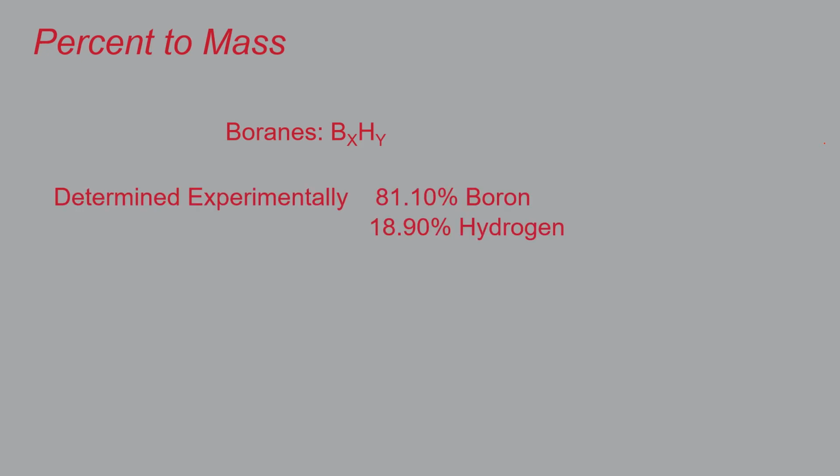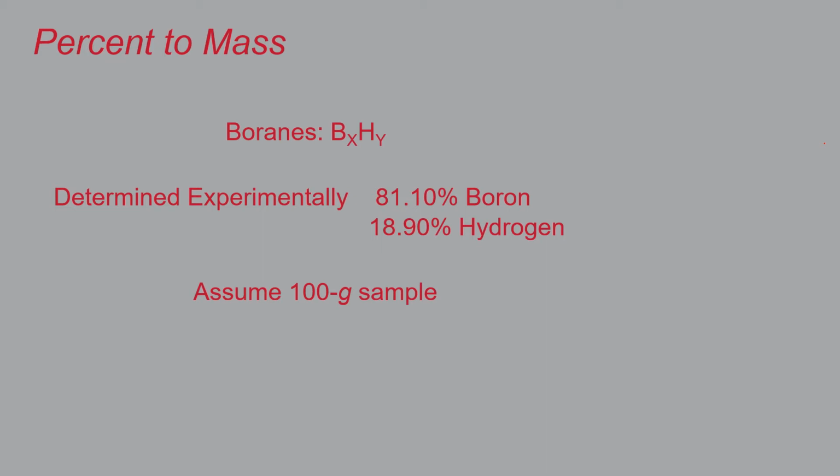All right, so you've got one of these boranes, and it's been determined that by mass, it is 81.1% boron and 18.9% hydrogen. So how do we convert from percent to mass? It's really simple. Assume a 100-gram sample.